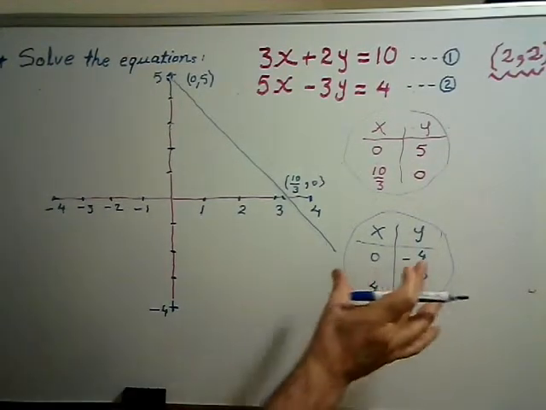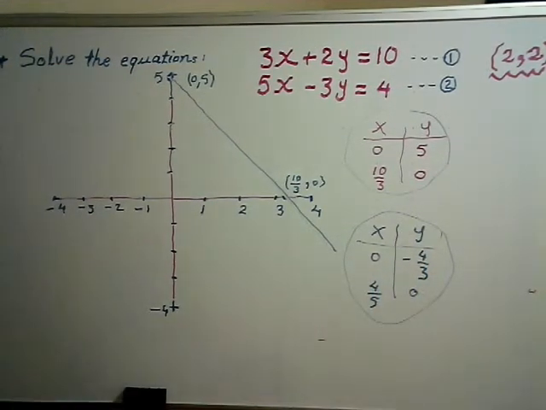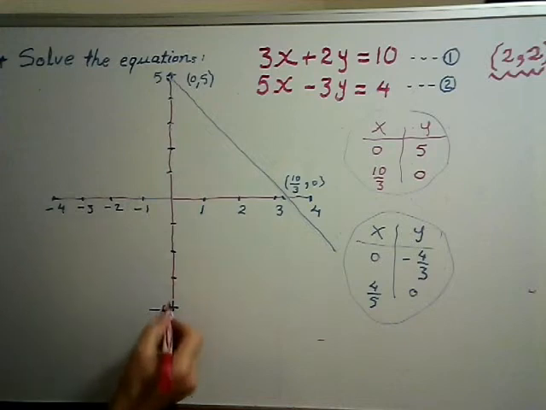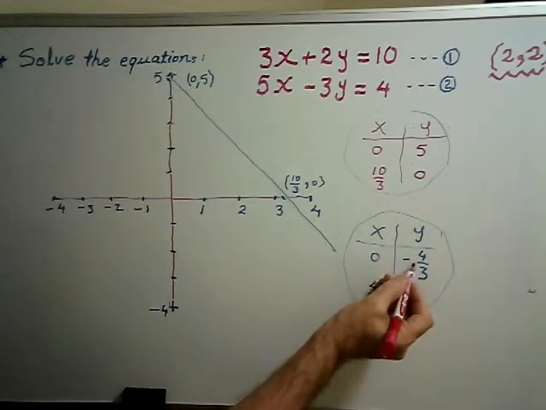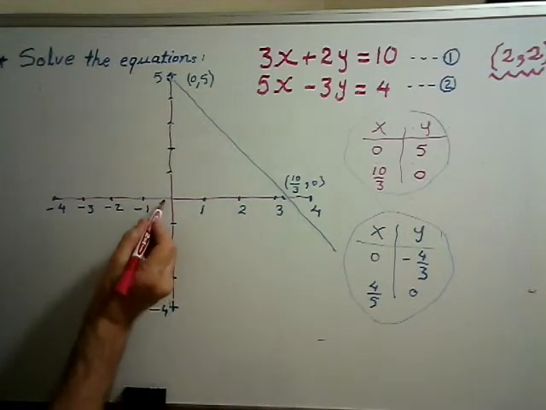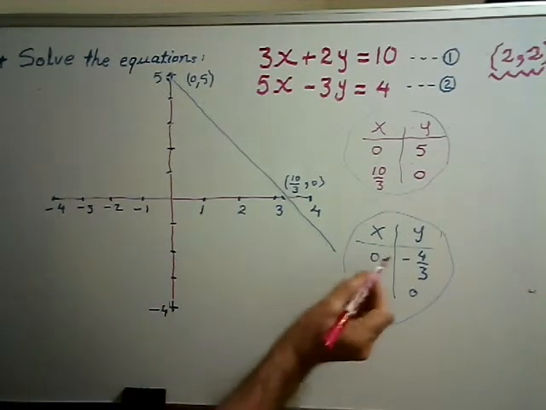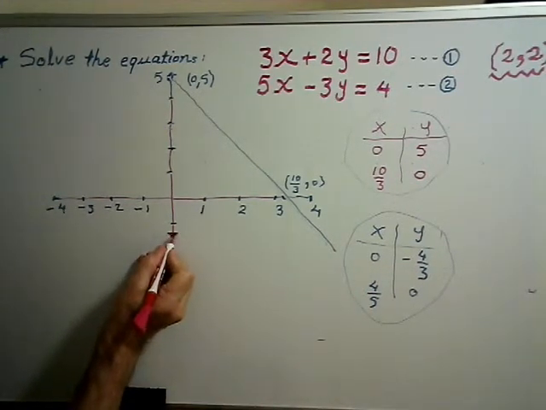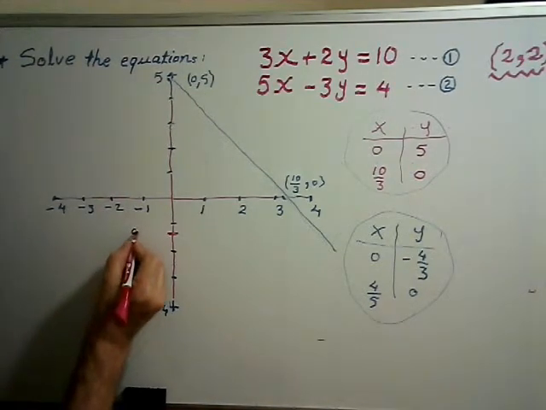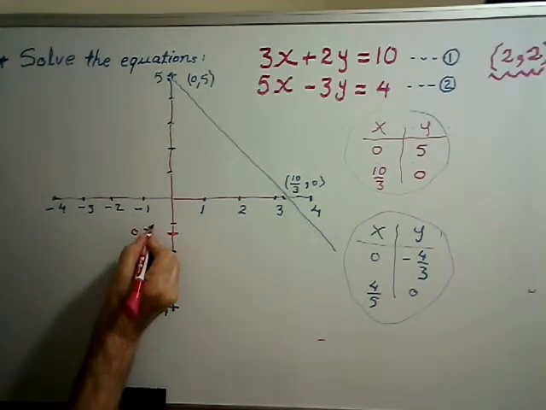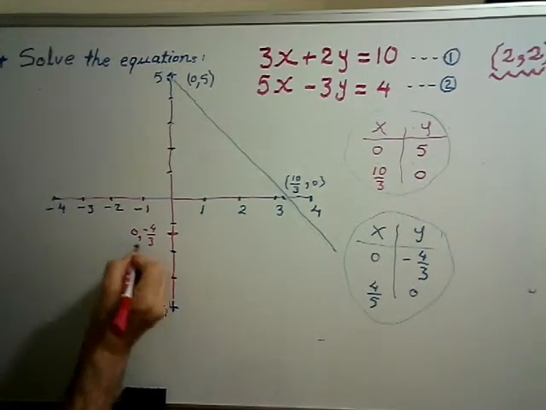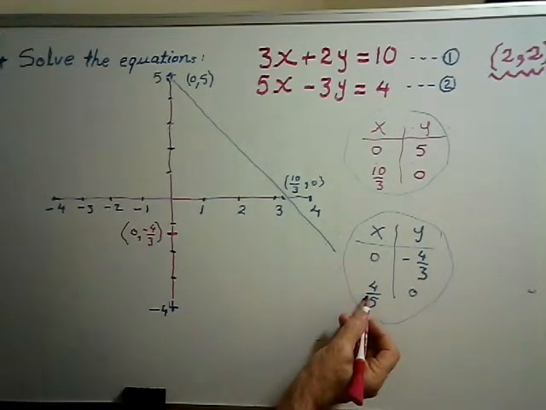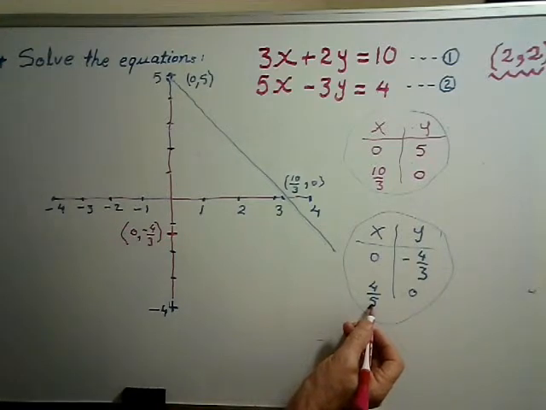Now the second equation, we'll take this chart. X is 0, that means on the y-axis, x is 0, y is negative 4 over 3. Negative 4 over 3 means negative 1 and 1/3 here. So x is 0 and y is negative 4 over 3. Now x is 4 over 5, y is 0.